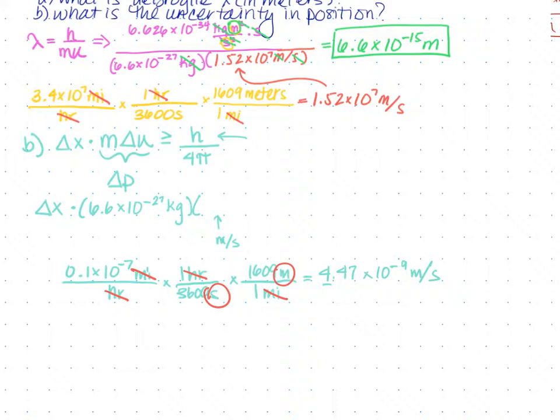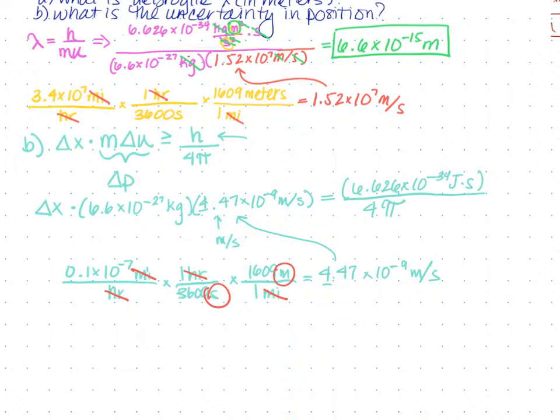Great, so now I'm going to take this number and plug it in here. I know that's greater than or equal to, so I'm going to set this equal to Planck's constant, joules times second over 4 pi.